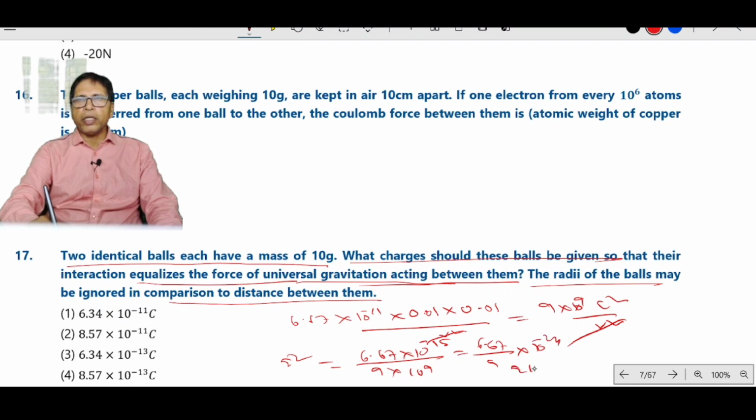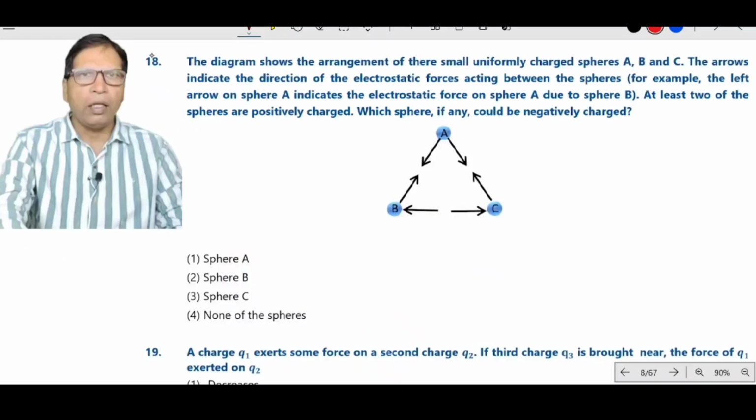So q equals 10 to the power minus 12 into root under 6.67 by 9. Now 6.67 is equal to 2.5 by 3, so this is almost 0.8. So 8.87 into 10 to the power minus 11 is the charge on each body.